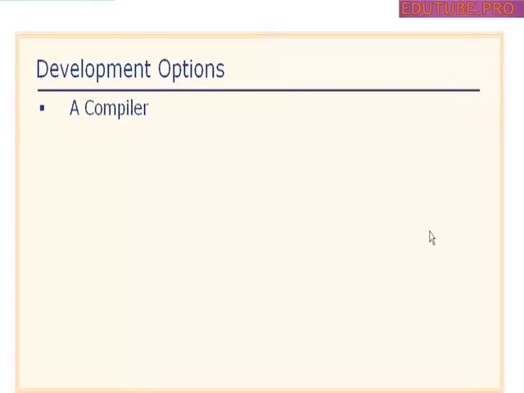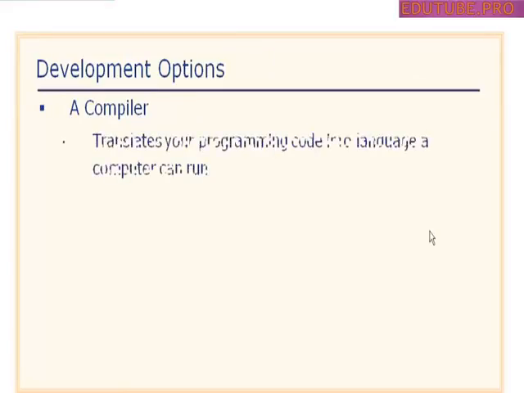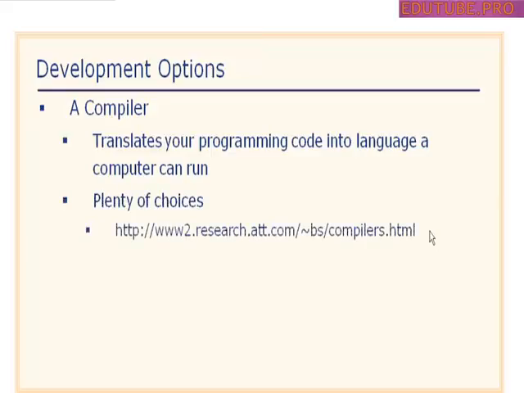Now when it comes to a compiler, again, this can get very confusing for the newcomers. And a compiler is just simply going to take your programming code and turn it into a language the computer can understand and run. And the choices are pretty wild.